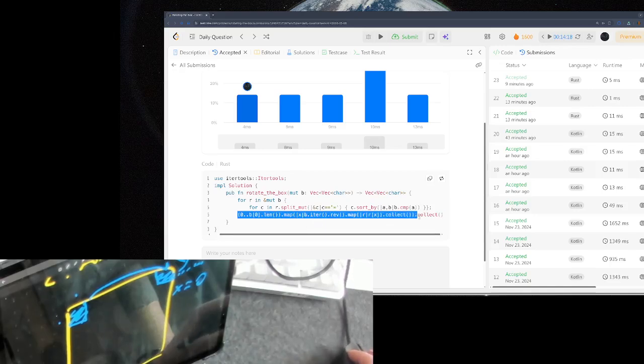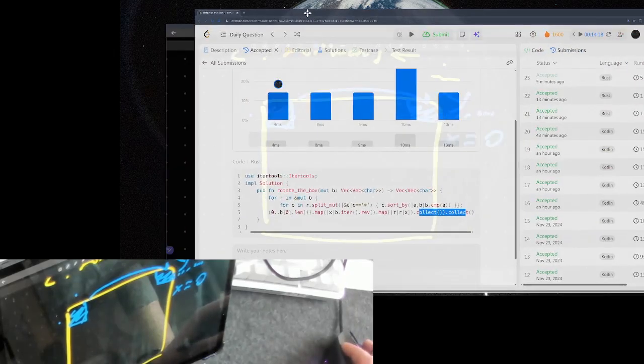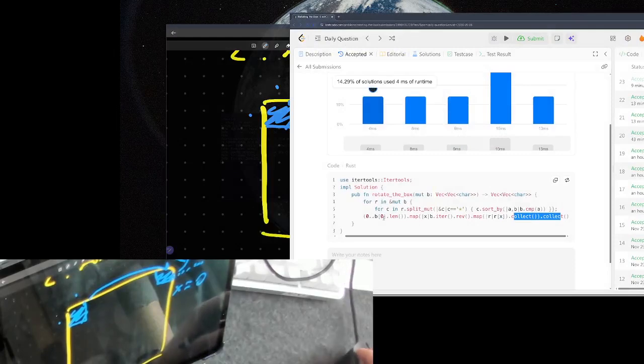And the collection is the same, just going column by column and collecting them. So not a hard problem. So that's it for today.